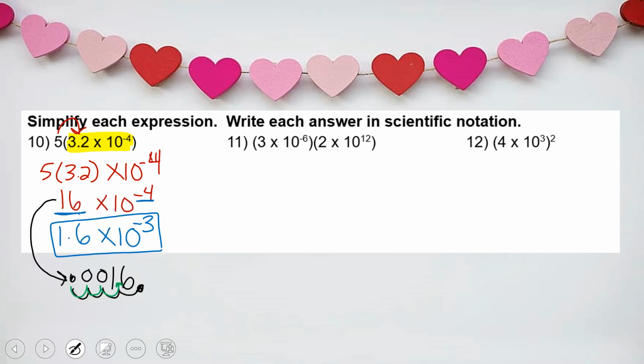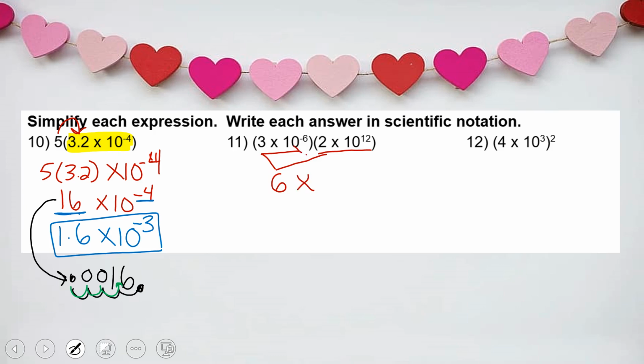Okay, on 11, it's a similar idea, but I have two scientific notations times each other. But it's just one number times the other. This is only two numbers that we're multiplying together technically. And to evaluate this, you multiply your two A values together. So 3 times 2 is 6.